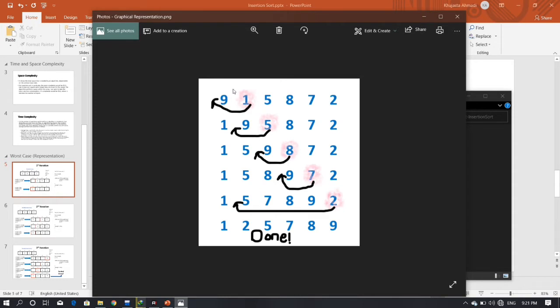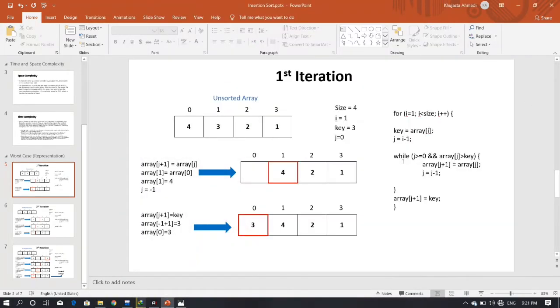So the first element needs to move to the right and the second element to the left. And it would continue this with each element until we end up with a completely sorted array. It requires a number of comparisons but a minimum amount of swaps, and that's why it's considered to be the most efficient one.